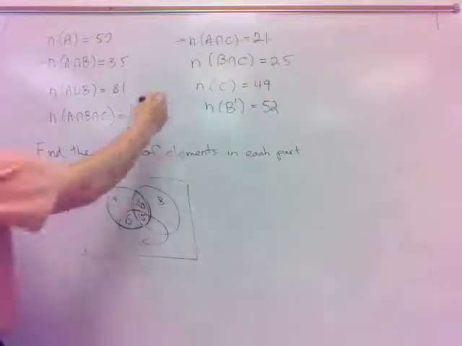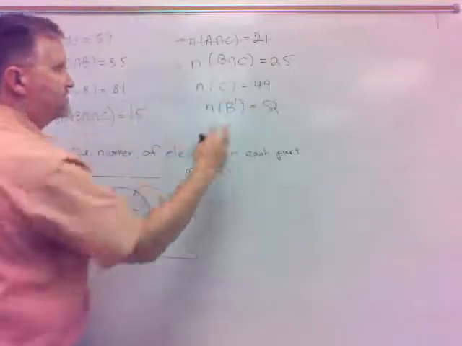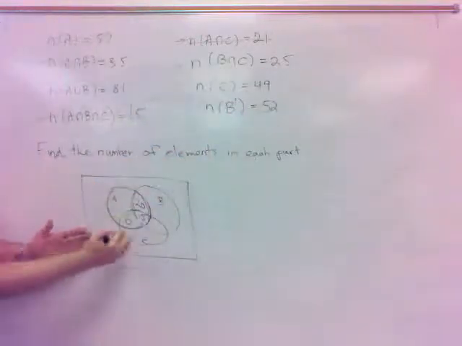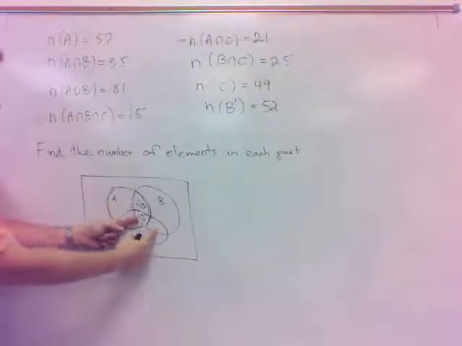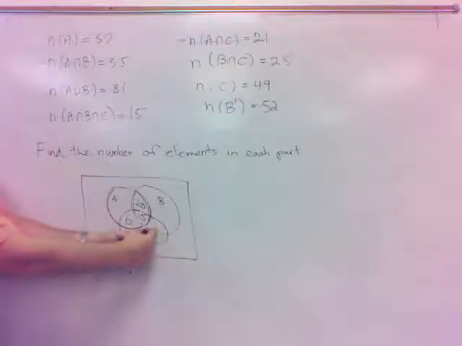B intersection C is 25, so that's the overlap of the B and C circles, these two. That totals 25, so there must be 10 right here, right?